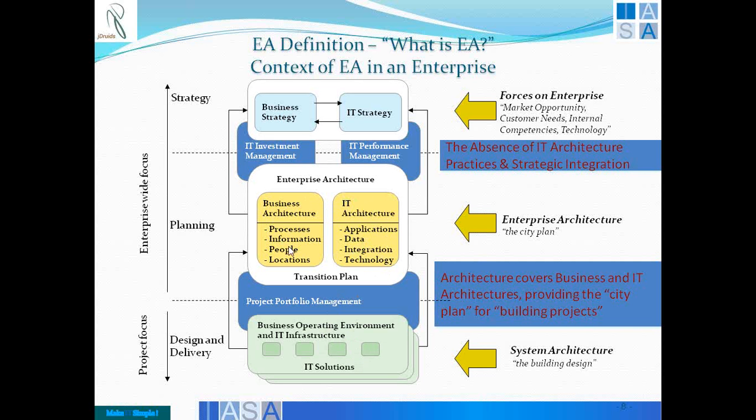Similarly, the business architecture helps in deriving processes, re-engineering them, creating information sets, identifying people and skills, looking at geography-wide specifics. So they are all in the business architecture representing a particular business model and a business strategy.